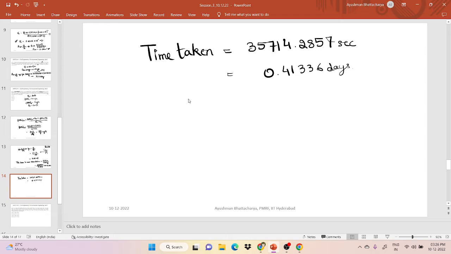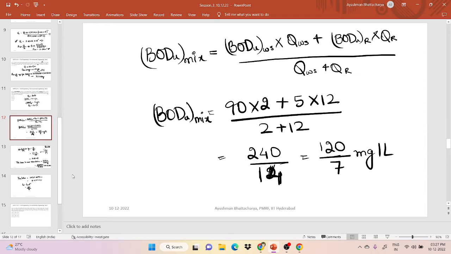So from now, we will calculate the BOD at time t, L naught, the organic matter at time t. L t is equal to L naught times e raised to the power of minus K t. The L naught value is 120 by 7, which we calculated earlier as BOD ultimate at mix.